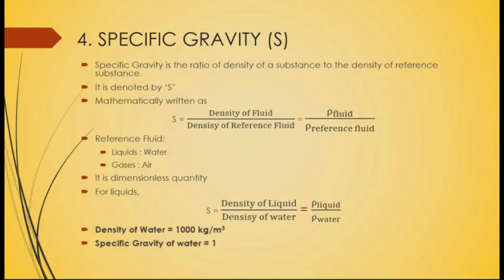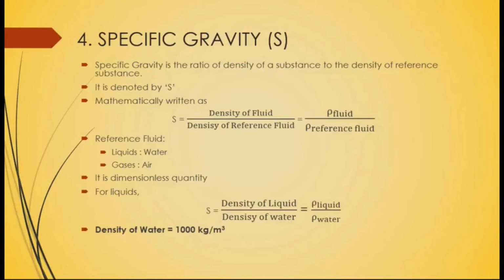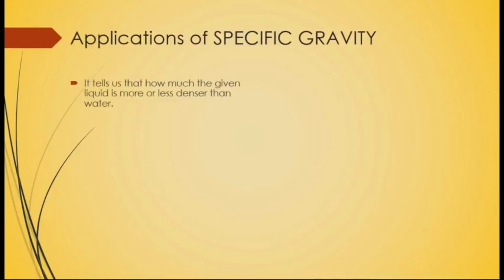Specific gravity of water is 1, because the density of the liquid is water and the reference liquid is also water. So density of water by density of water is 1, and the units cancel out. This is a dimensionless quantity, and here it is the density. Please check the spelling.